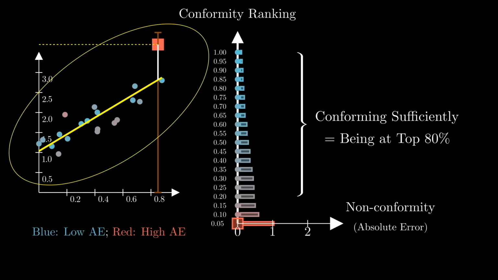In a regression problem, this will require discretizing the space of plausible values. Then check if a value puts the test point at the top 80% or not. If it does, include that value in the interval. Otherwise, don't. And this is the implementation method I presented in the previous episodes.